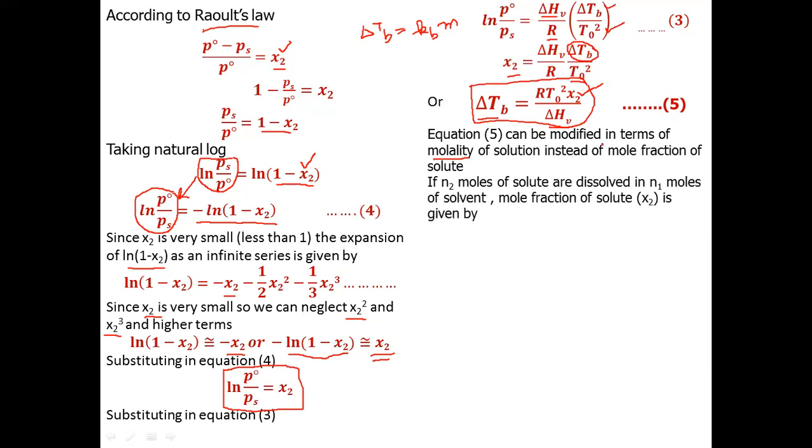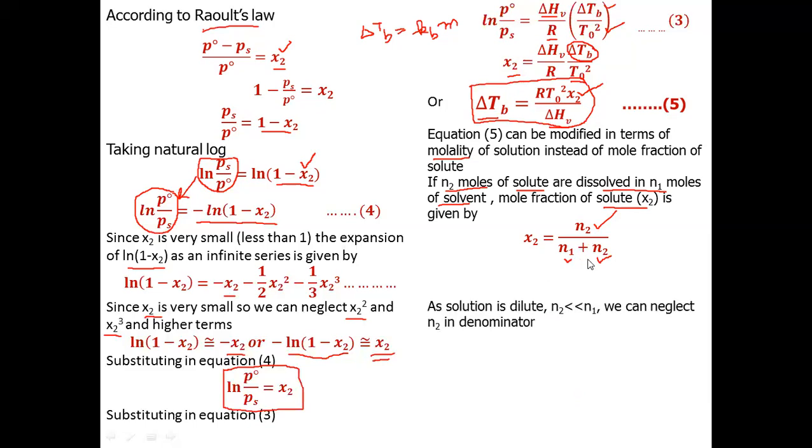Now suppose N2 moles of solute are dissolved in N1 moles of solvent. So the mole fraction of solute X2 will be given by the number of moles of solute divided by the number of moles of solute plus the number of moles of solvent, equal to N2 divided by N1 plus N2.